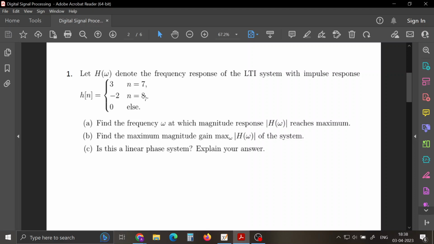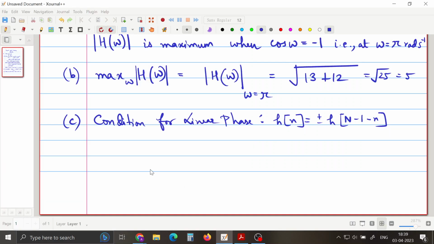Only at n equals 7 and n equals 8 do we have non-zero values. So here the length, which is capital N, is 2, right?